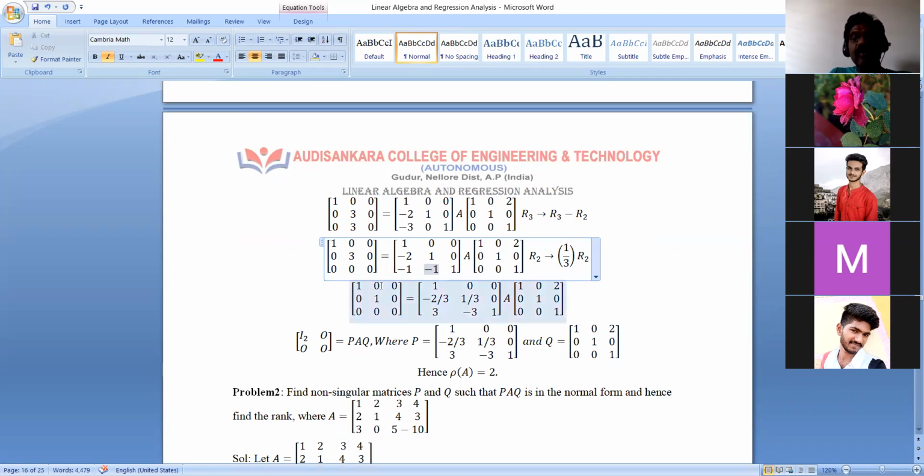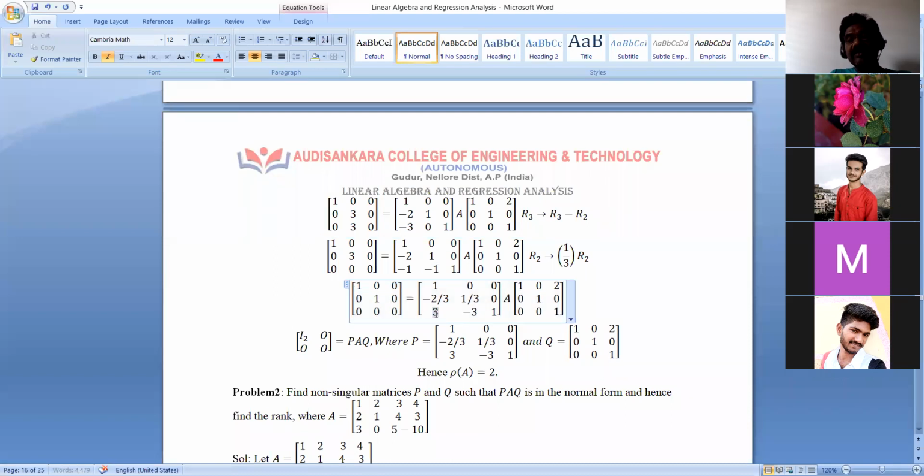That is 1, 0, 0. That means in place of R2, 1 by 3 into R2. That is 1, 0, 0, 0, 1, 0, 0, 0, 0, my 1, 0, minus 2 by 3, 1 by 3, 0.